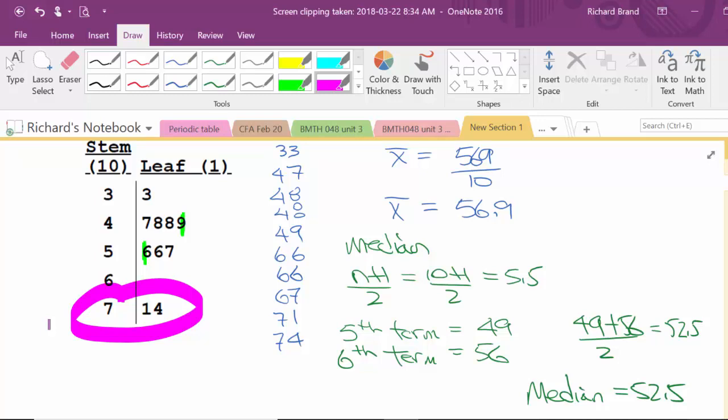The items at the tail of the distribution, once again, pull the mean in their direction. And the mean is 56.9. The median is 52.5. The mean is bigger than the median.